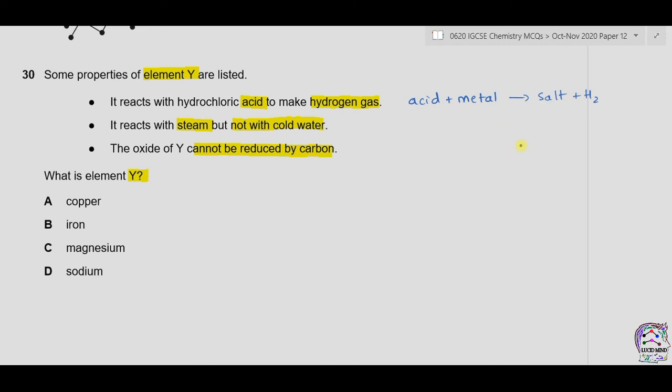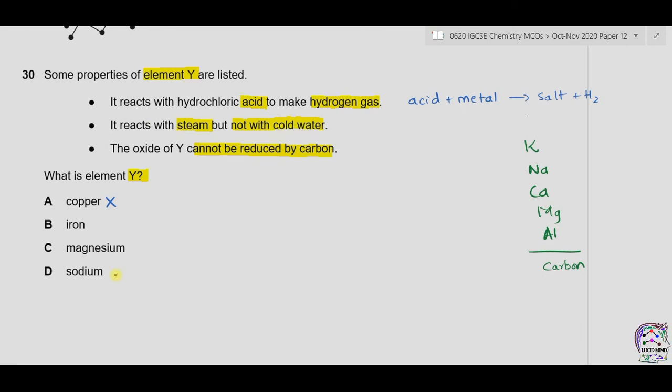We have reactivity series of metals in which potassium is at the top as it is most reactive. Then we have sodium, then calcium, magnesium, aluminum, and these are all more reactive than carbon. Now from the first statement we can see that copper does not react with HCl to form hydrogen gas, so it is not copper. Number 2, it reacts with steam but not with cold water.